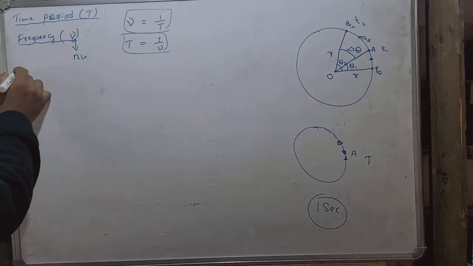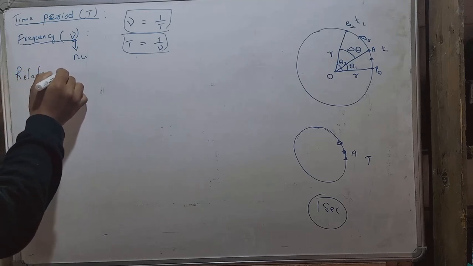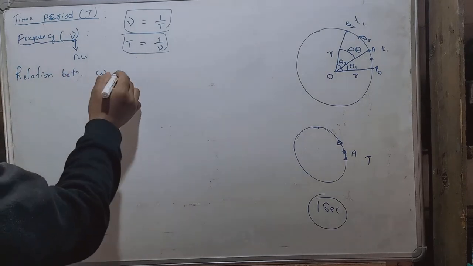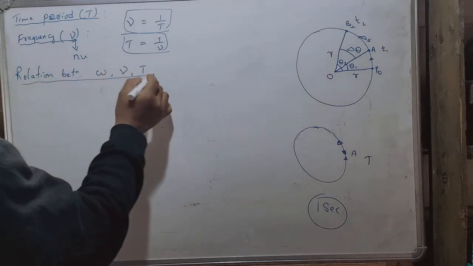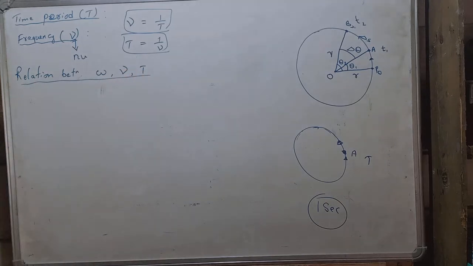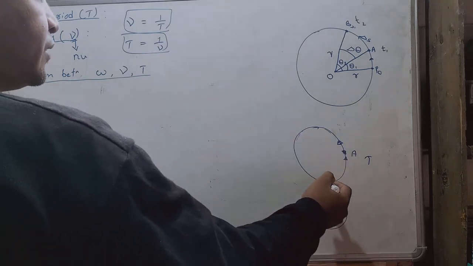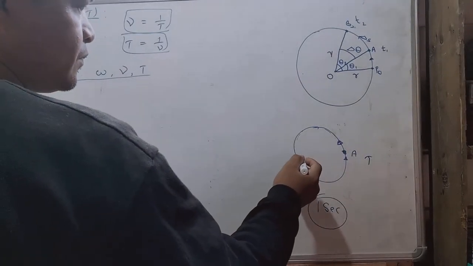Next, let us see the relation between angular velocity, frequency, and time period. By the definition of time period, it is the time taken to complete one revolution. Look here.